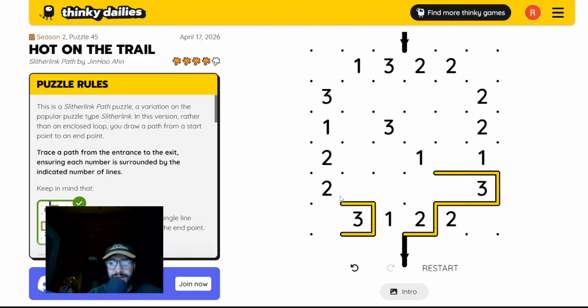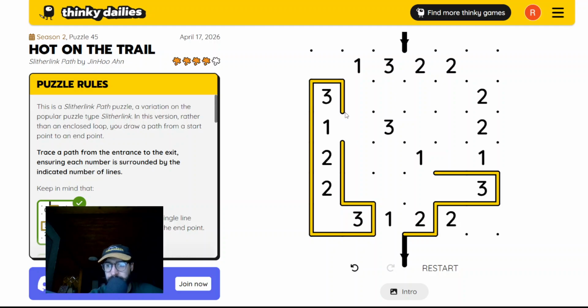So I like my initial idea of going there and back. I like it. The problem is that here we can only do this. Okay, maybe there is something here happening. No, that was horrible.